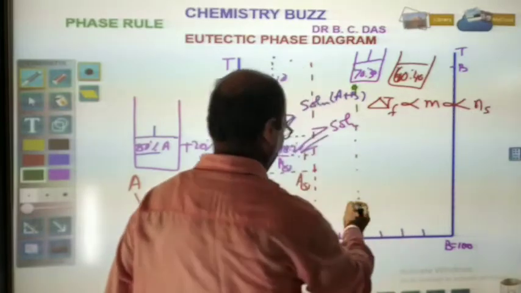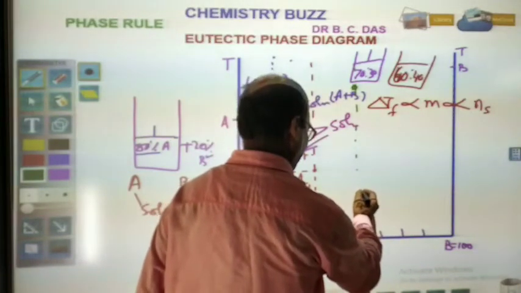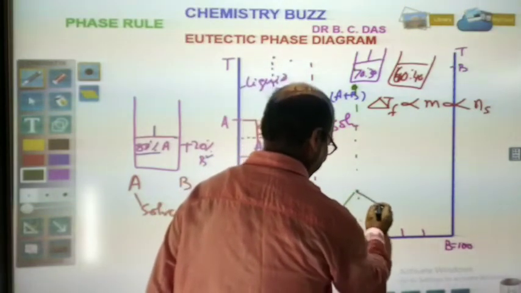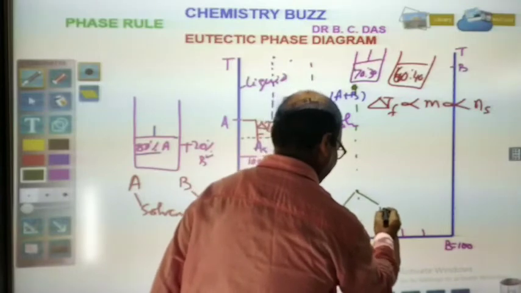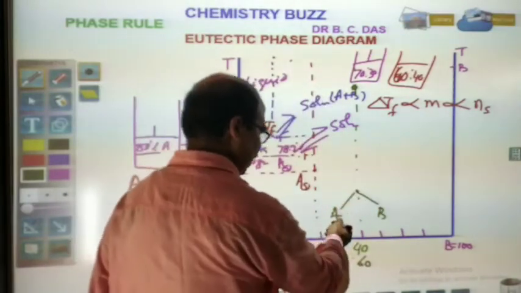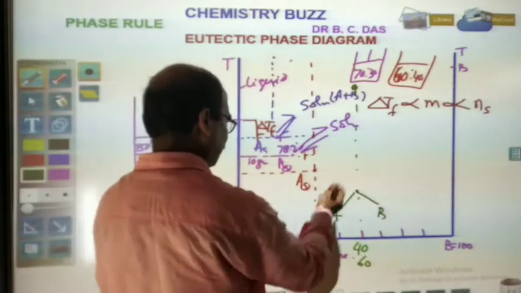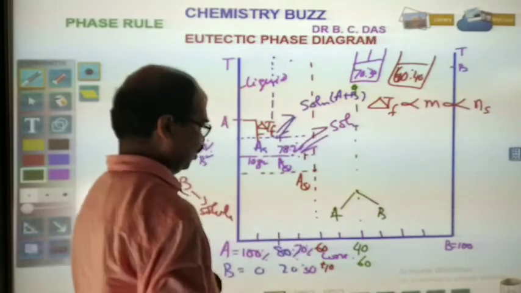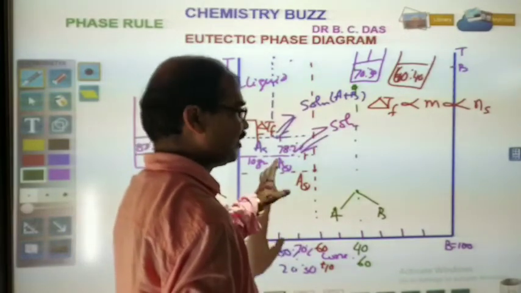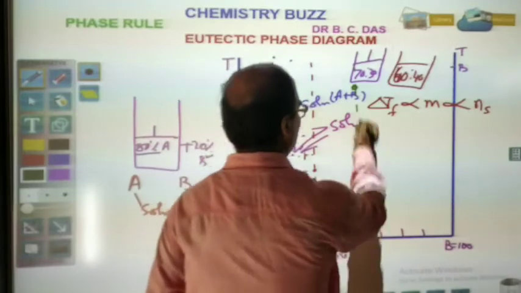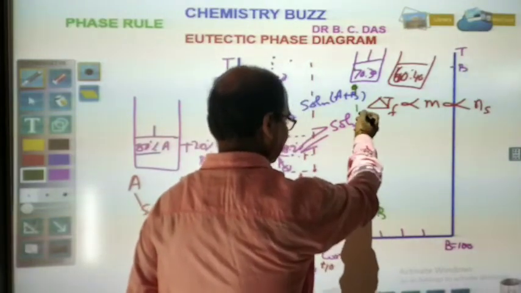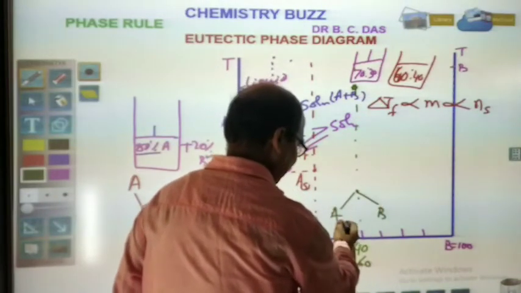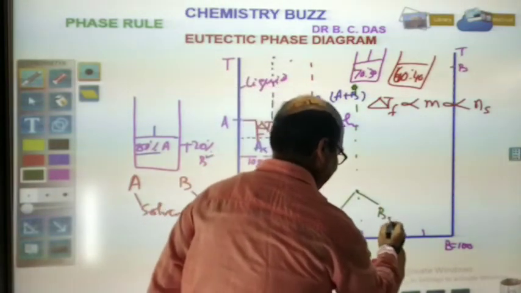Then you will see at a point here the separation of solid A and solid B starts. Before this composition, when we heated and then cooled it, we got the separation of solid A only. But at this composition, when the fused solution is cooled, we get solid A and solid B.